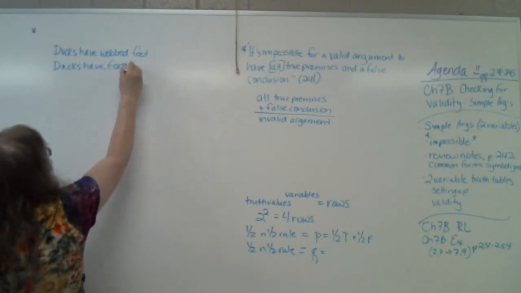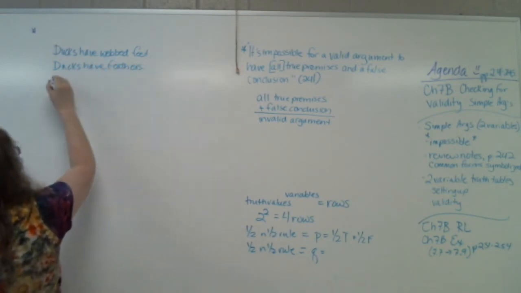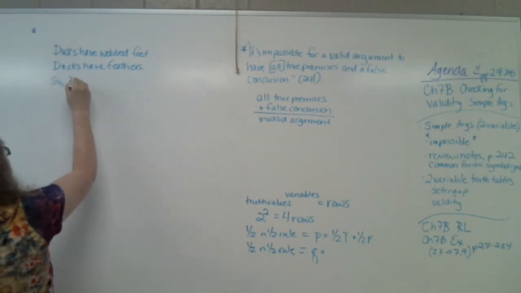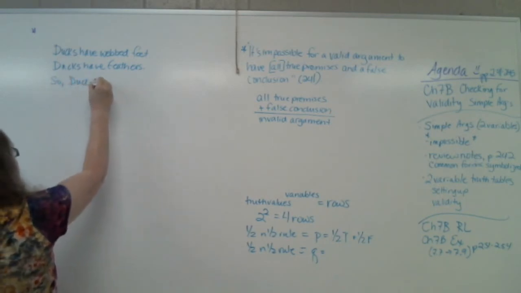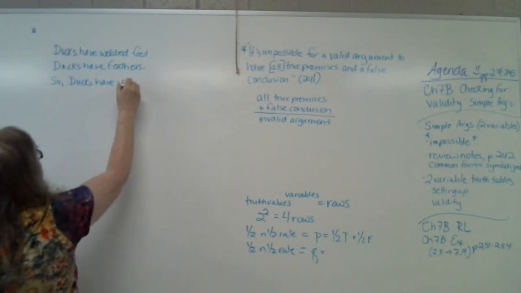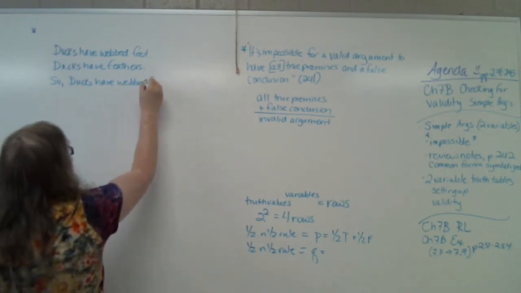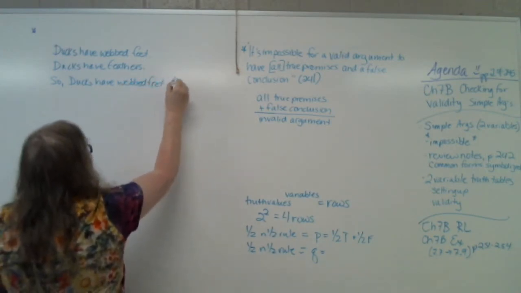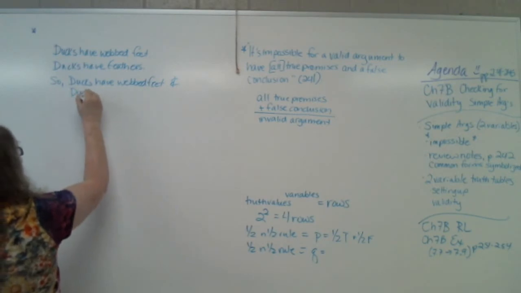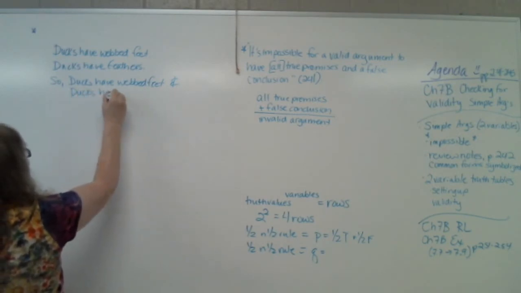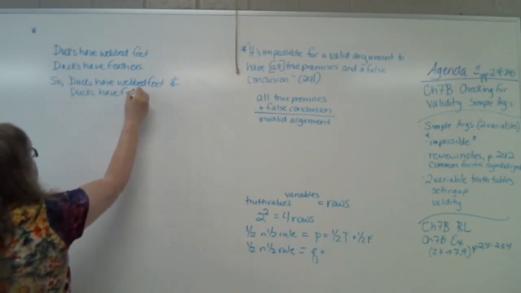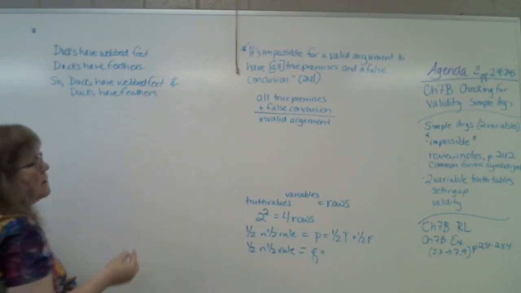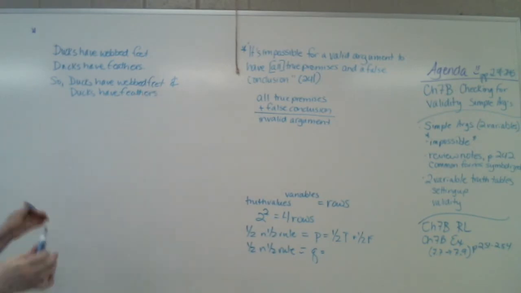We can go down a whole list of things, but let's not. So, ducks have webbed feet, and ducks have feathers. This is my argument. Not a very complex or weird one, it's just there.